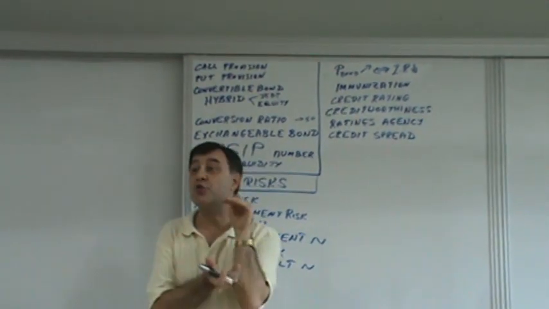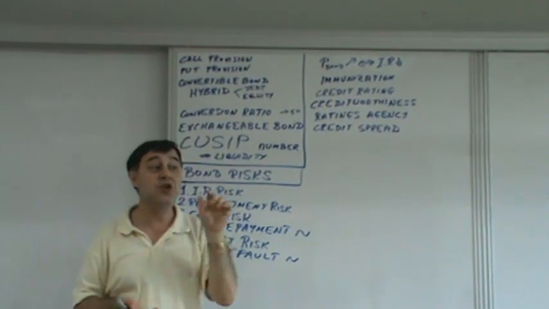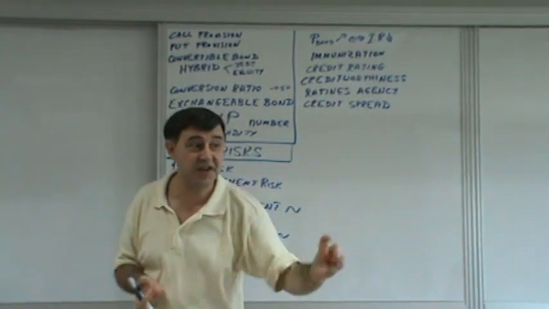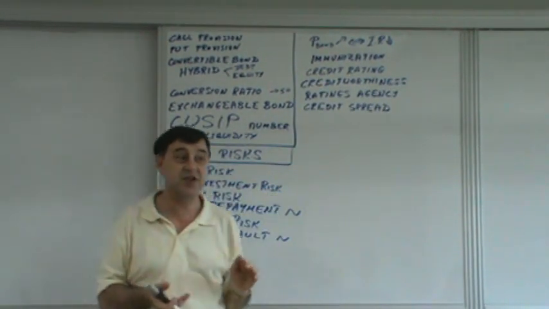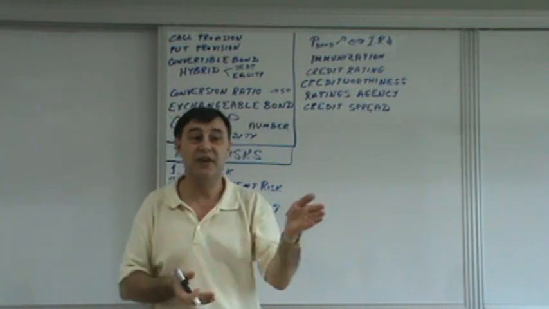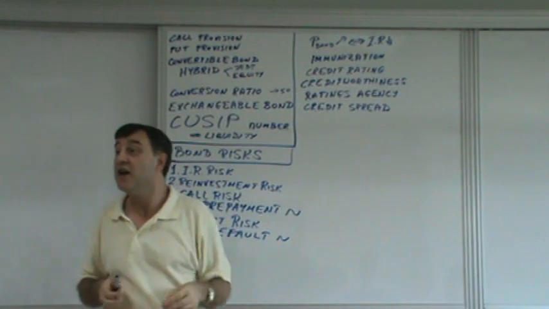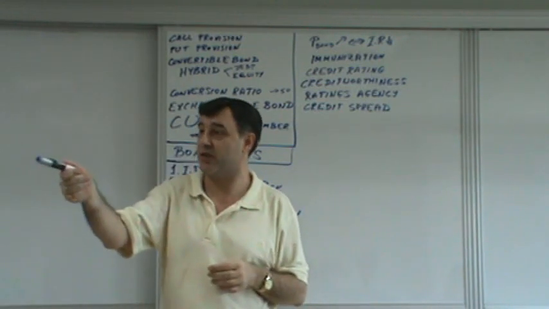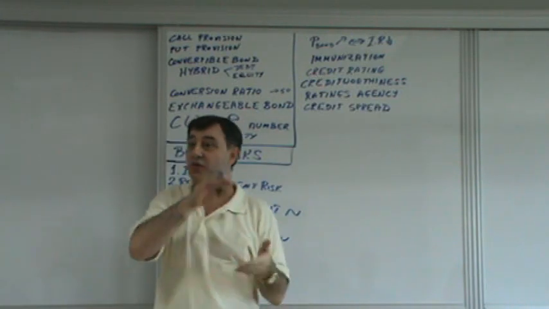So, if the risk-free interest rate is 4% and you're very, very, very low risk, you're going to be paying me a credit spread of 0.5%, which means you're going to be paying 4 plus half, 4.5. If you're a higher risk, you're going to be paying 5. And if you are a terrible risk, you're going to be paying a spread of 6, which means 4 plus 6, 10.